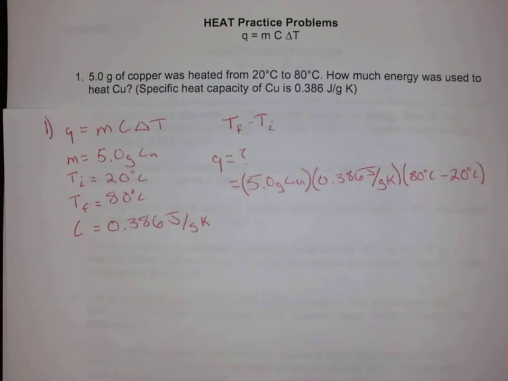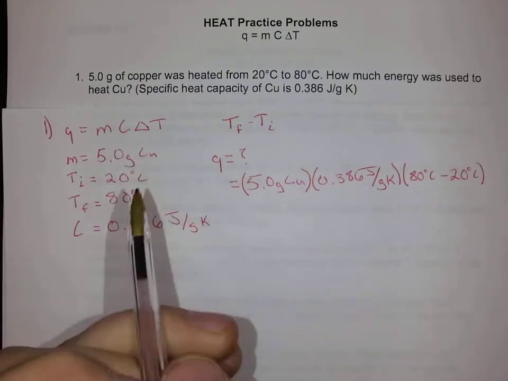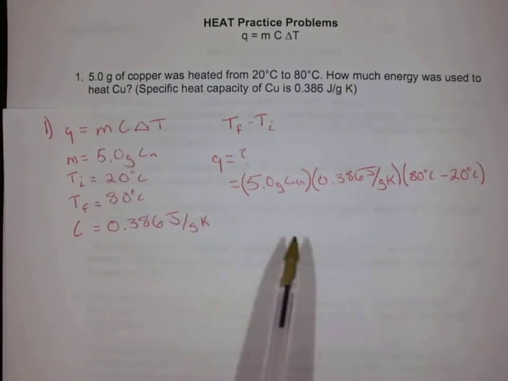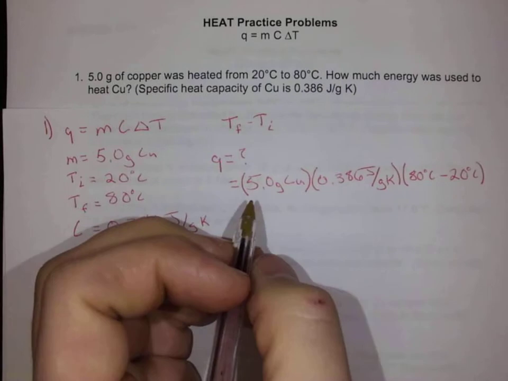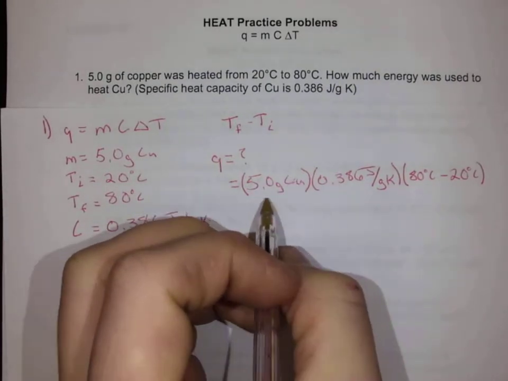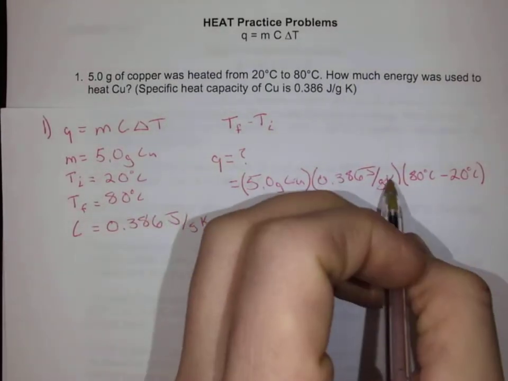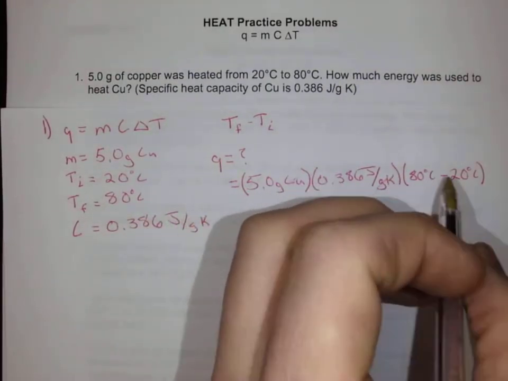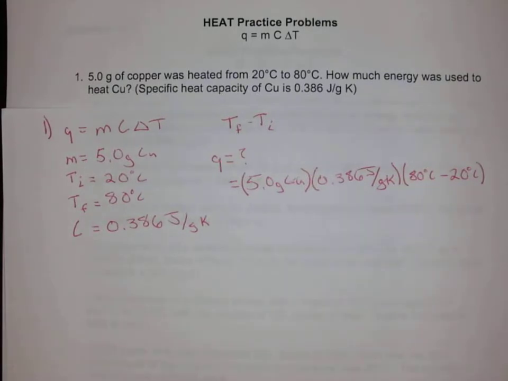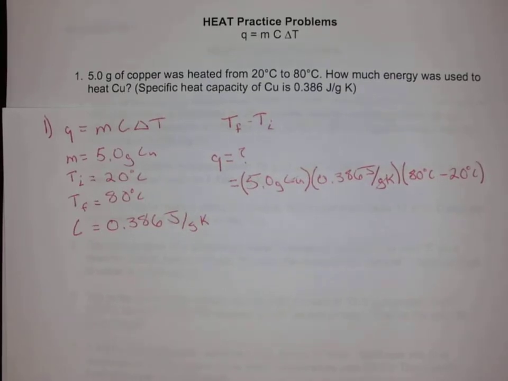Okay, so we plugged each of our values into this equation. Now we just need to calculate it. We have grams of copper canceling with grams. We have Kelvin on the bottom, and a change in degrees C. A change in degrees Celsius is the same as a change in temperature in Kelvin, okay?